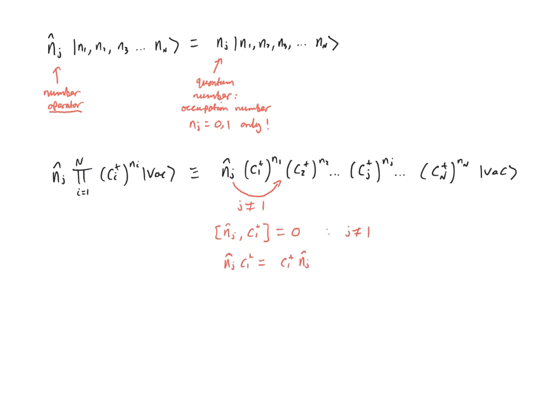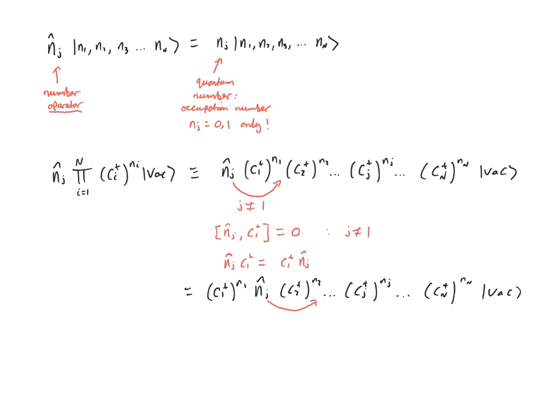So I can just swap the order, and I would get that this thing is equal to C1 dagger n1, and then nj, and then C2 dagger n2, and so on, all the way up to Cj dagger nj, and then I have some more operators all the way up to Cn, acting on the vacuum. Good, and you can see that that same logic applies.